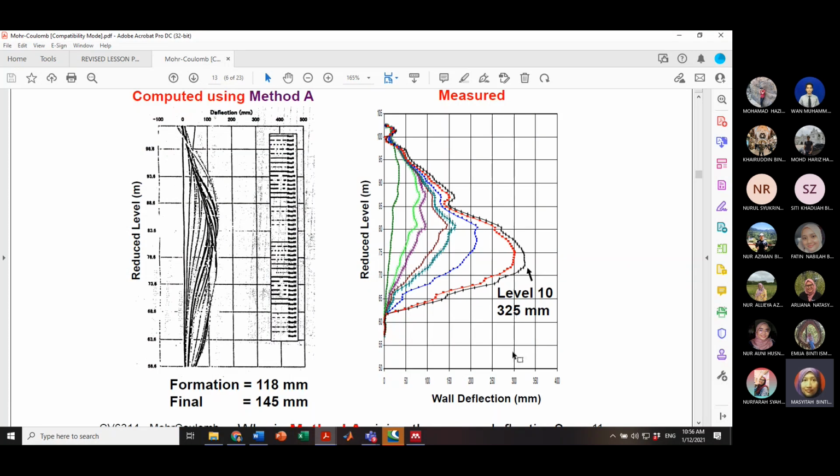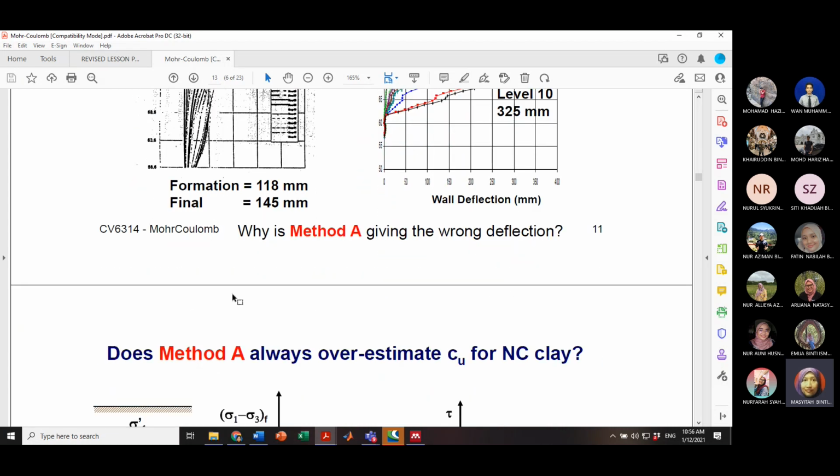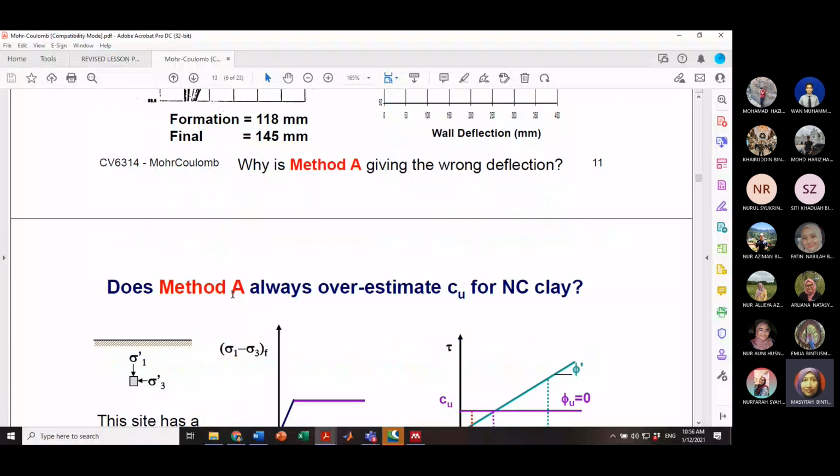Looking at this closely, the wall deflection is around 325 at level 10. However, the analysis from the computer shows less than 200, which is incorrect. So that's why method A gives the wrong deflections.